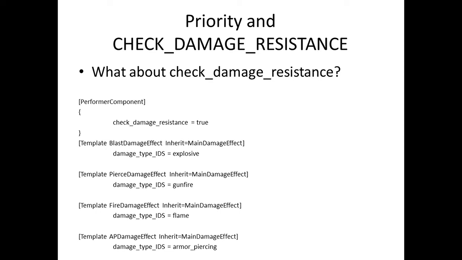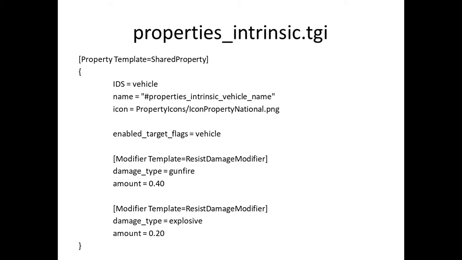So they would try to use their bazooka, for example, if it's a USA anti-tank infantry with a bazooka, he will try to use his bazooka on vehicles or tanks as opposed to infantry, because infantry have a 20% resistance to armor piercing. So let's try and look at an example of this. This is the intrinsic property for vehicles.